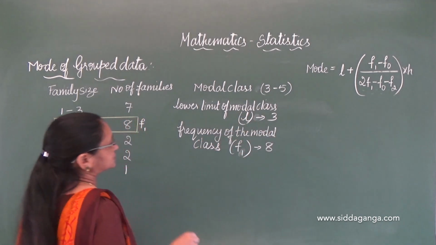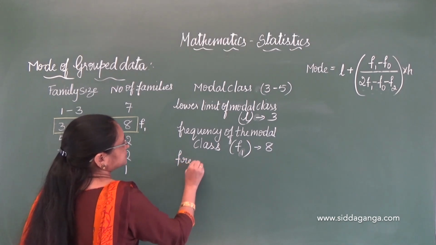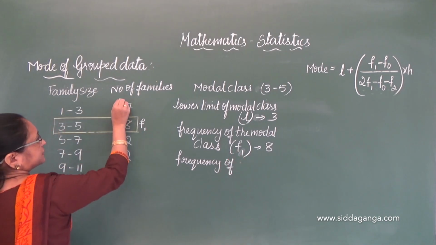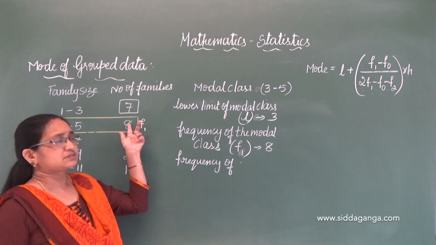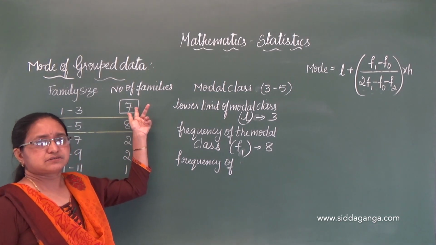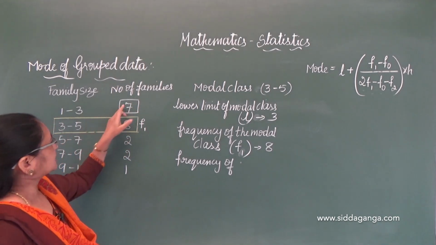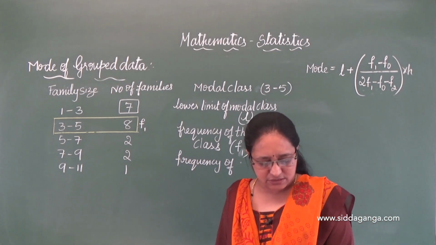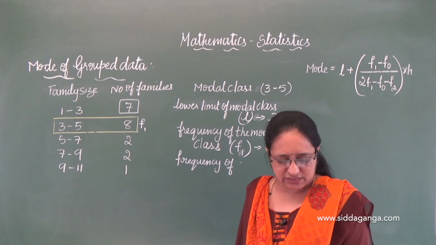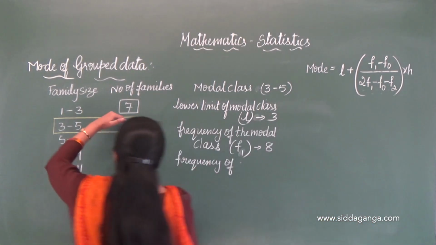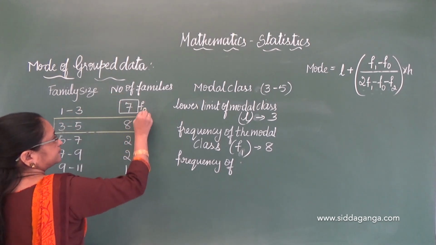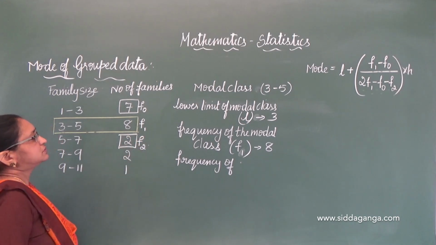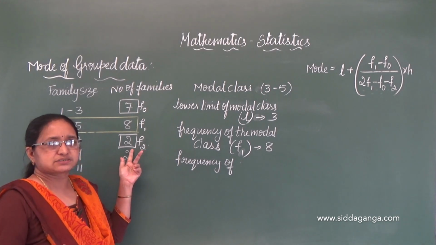Okay. Now, let us see what is F0. F0 is the frequency of the class preceding the modal class. And this will be F2, the frequency of the class succeeding the modal class.